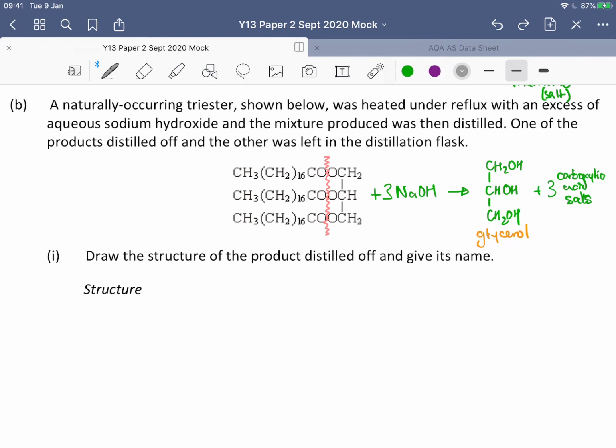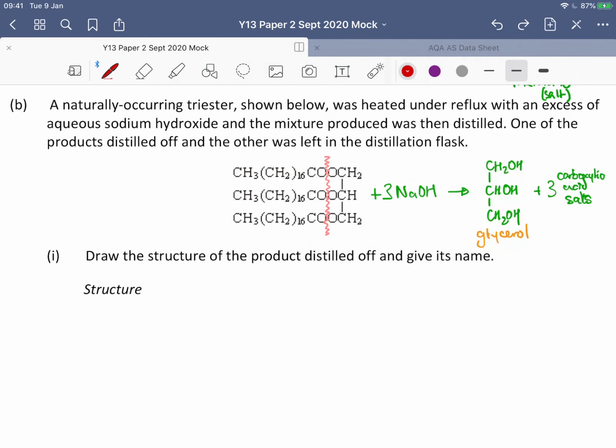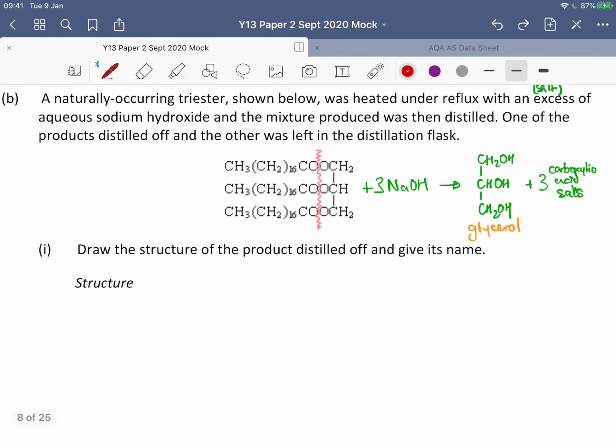So the structure, what they're actually asking us here, and I appreciate this is slightly more tricky than maybe some of the triester, triglyceride questions that there might be, because it's not spelt out as clearly as they sometimes are. But it's your glycerol. You should remember that every reaction involving a triester that you do has glycerol as a product.